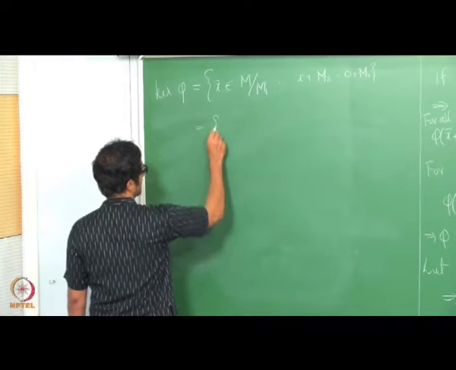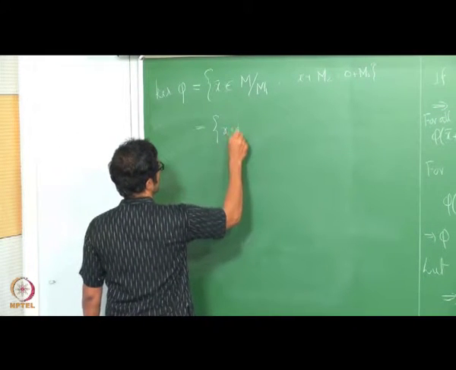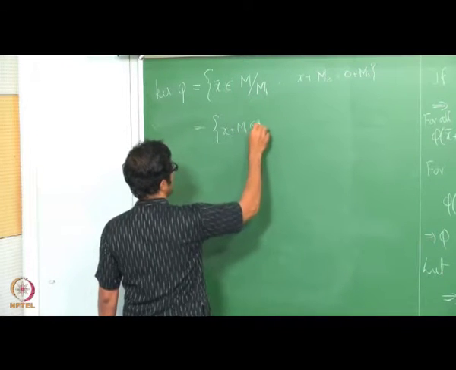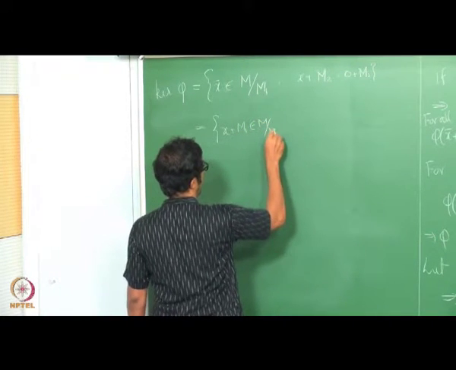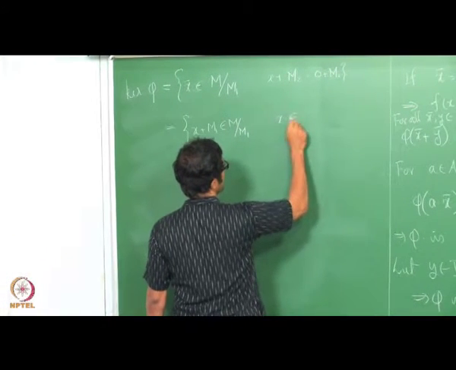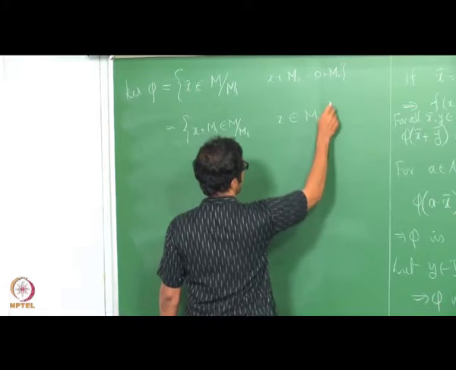So, let me use this notation itself: x plus M1 in M mod M1 such that x minus 0, which is x, is in M2.